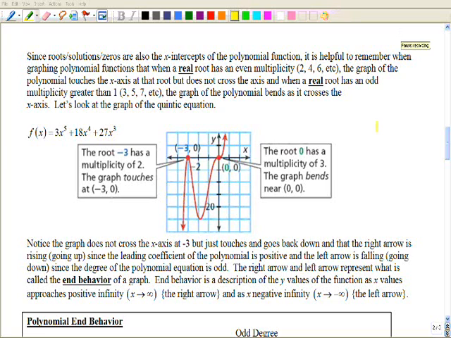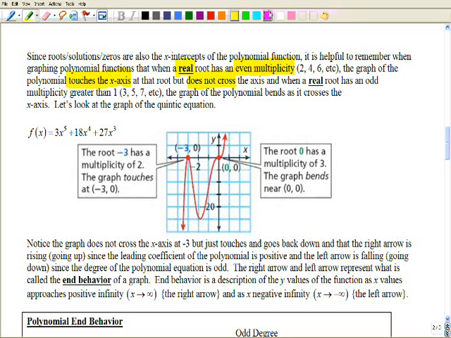Since roots or solutions or zeros are also the x-intercepts of the polynomial function, it is helpful to remember when graphing polynomial functions that when a real root has an even multiplicity, for example, 2, 4, 6, the graph of the polynomial touches the x-axis at the root but does not cross the x-axis.